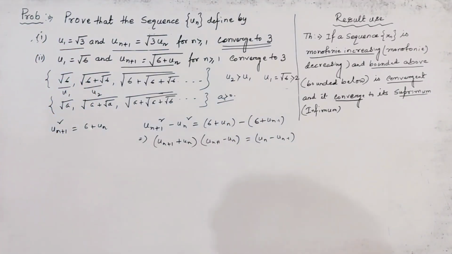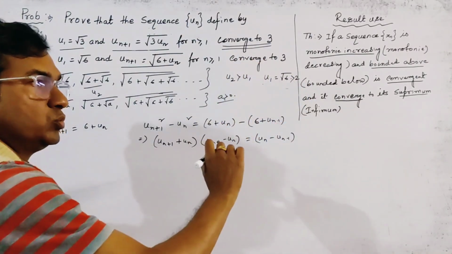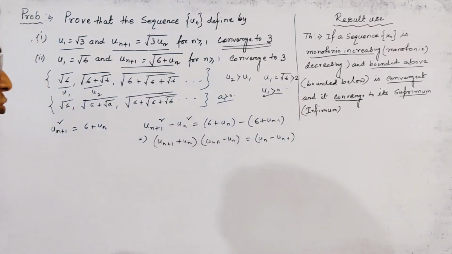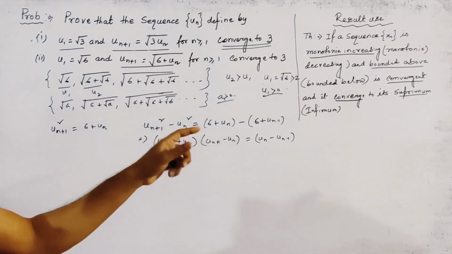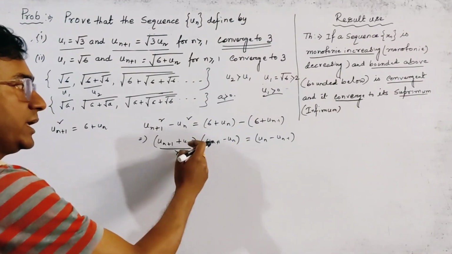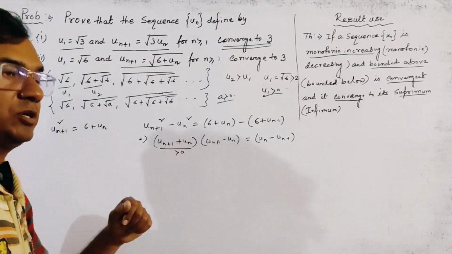Again, u1 is greater than 2, so it must be greater than 0. So this term is positive because it is the sum of positive terms. So the sign of the right side and left side again depend on the same terms.